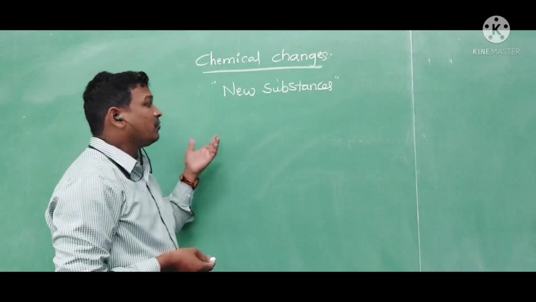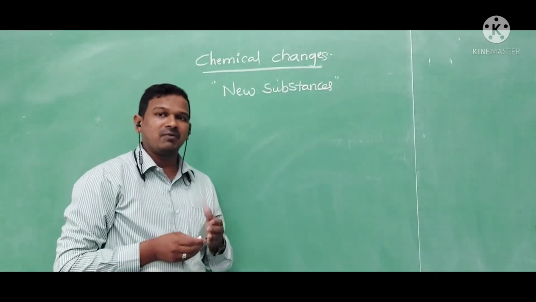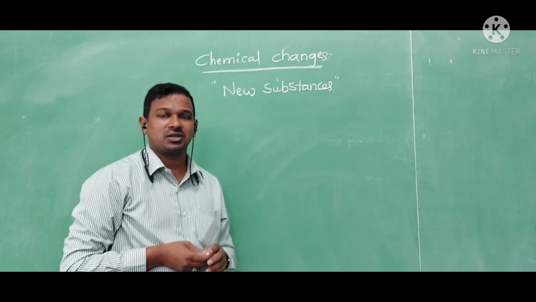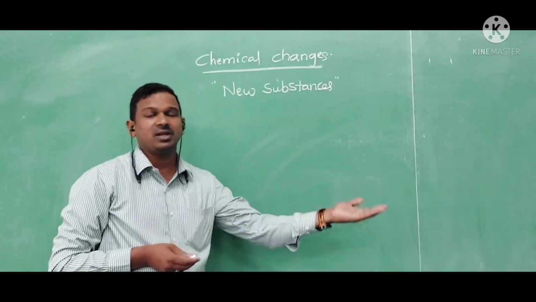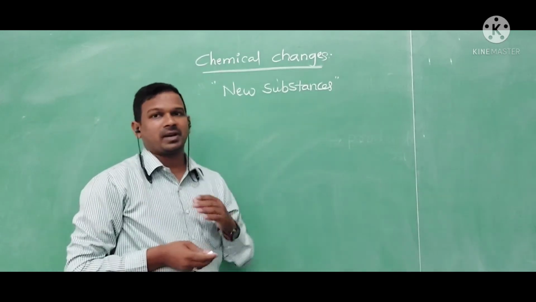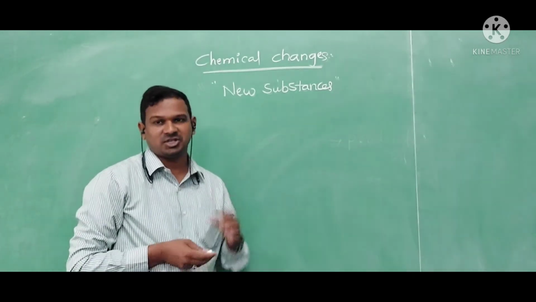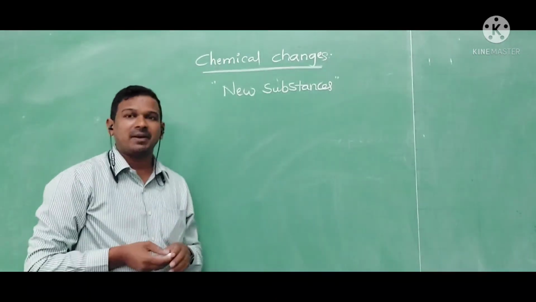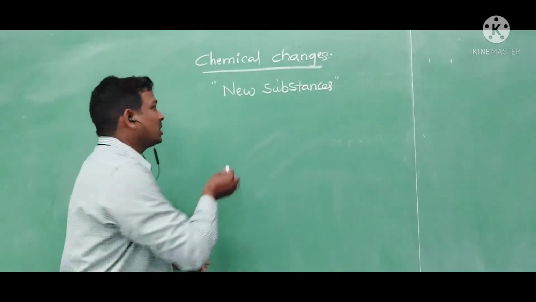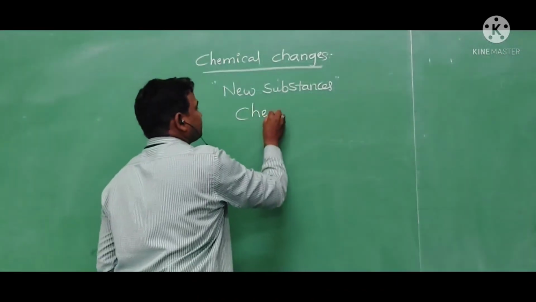If you burn a paper, the paper will be converted into ash. The ash will not show the property of the paper and we cannot bring that ash into paper again. It means it's a permanent change. The action which is happening in a chemical change we call a chemical reaction.